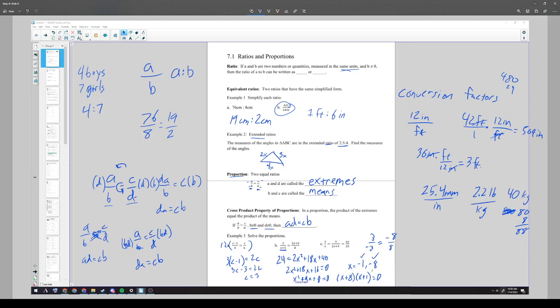For the third one, we have one of these extended ratios. So what we can do there is think of it as 2 separate ones. So we have that equals that equals that, and that equals that. So we can use any 2 of those as like a system of equations if we need to. In this case, the x and y are completely separate.